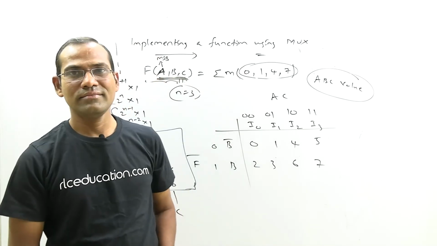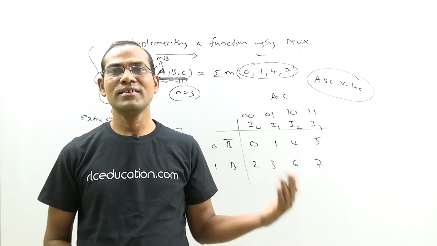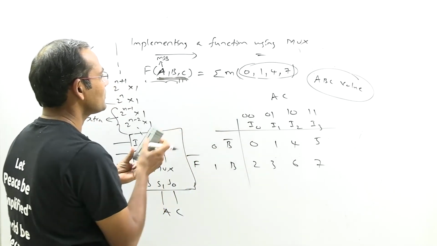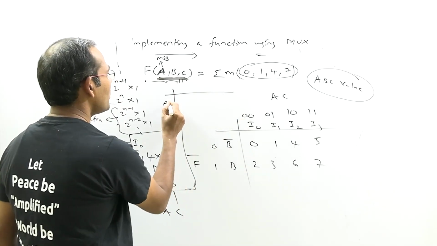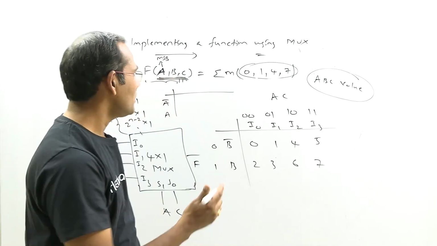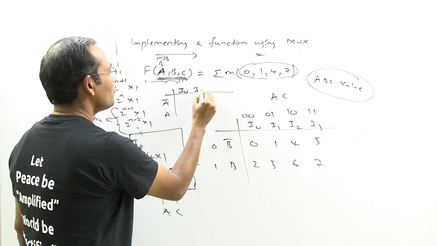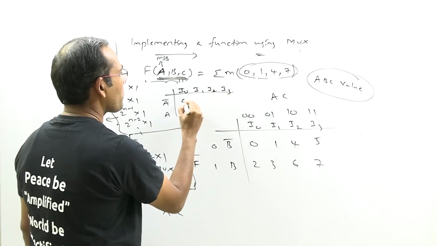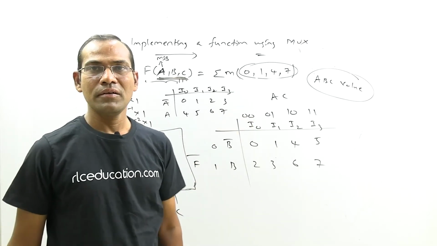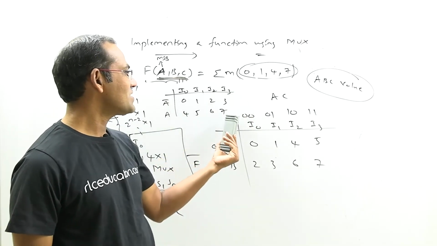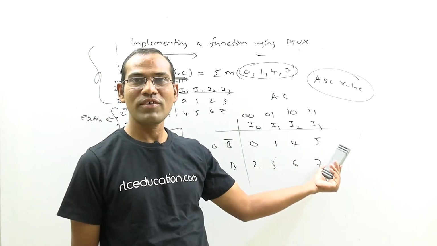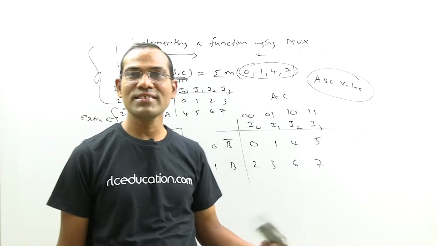The order will change. In the previous case the order is different. Whenever A is used for mux input, this is the order we got. Here 0 1 2 3 4 5 6 7, but this order is different. 0 1 4 5 is the first row, 2 3 6 7 is the second row.